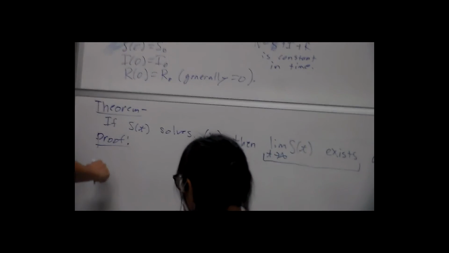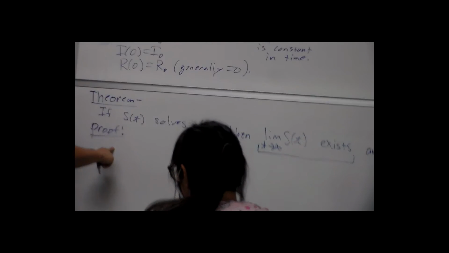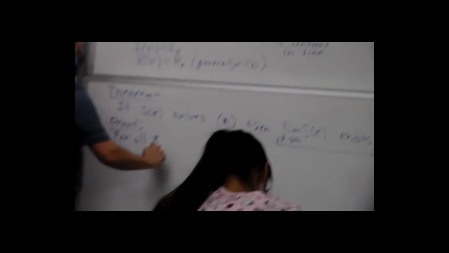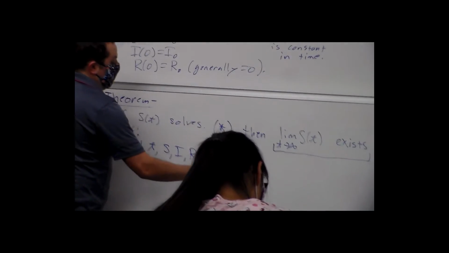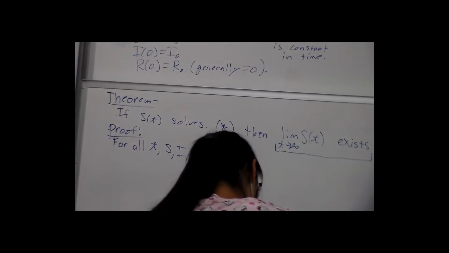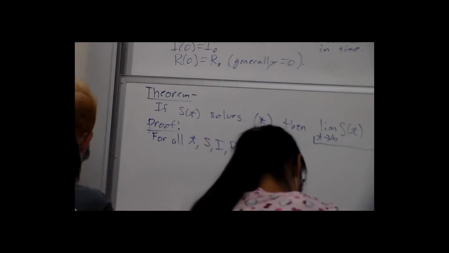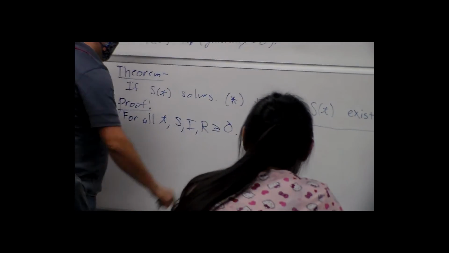Anyway, I'm probably going to do that a lot. The first thing I actually want to show is that for all t, S, I, and R are greater than or equal to 0. This is a tricky, strange thing, but I'm going to do it.